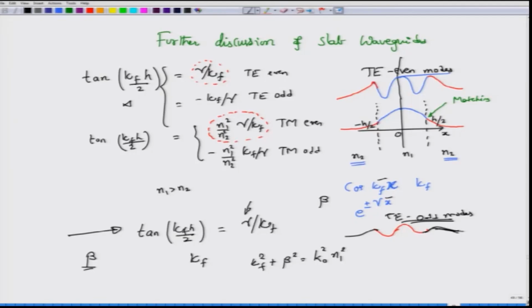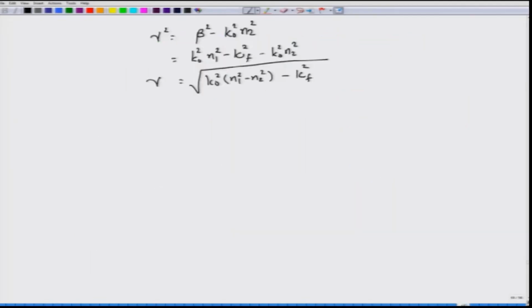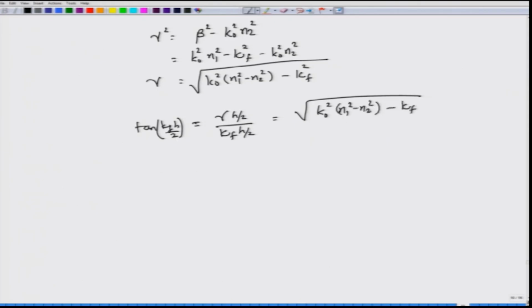On the left hand side you have kappa_f h/2. Just to consider the solutions, you might want to scale up the right hand side as well by multiplying by h/2 on both sides. So, on the right hand side you have gamma h/2 divided by kappa_f h/2. This is just to replace all of those variables by kappa_f h/2. You can even do that by taking h/2 into the square root operation for gamma, because gamma, as we have seen from the above equation, is the square root of k0^2 (n1^2 minus n2^2) minus kappa_f^2.